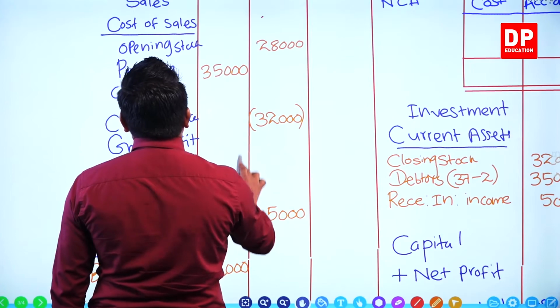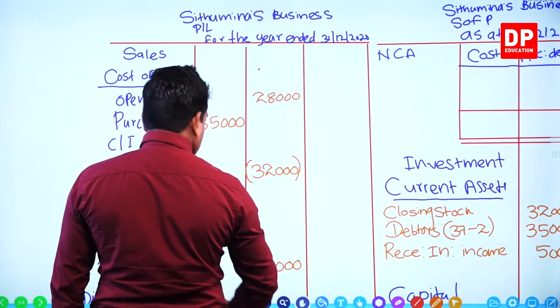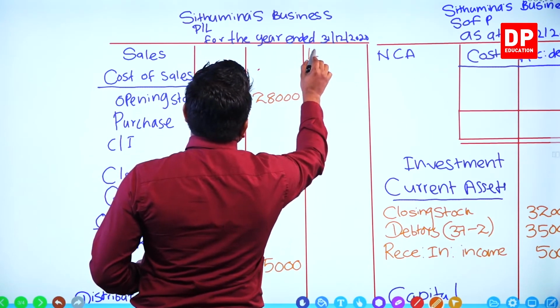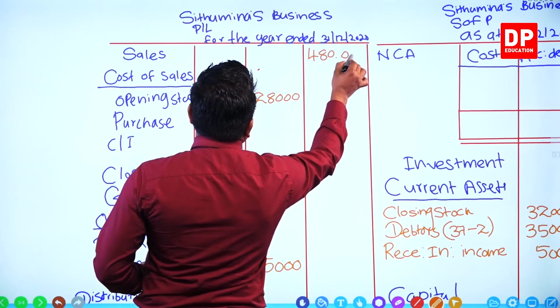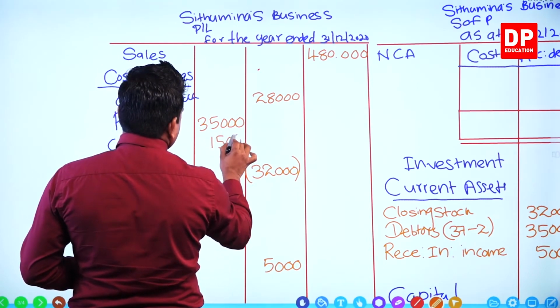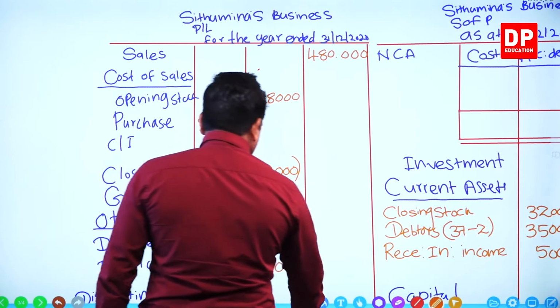Sales how much? 480,000. Carriage inwards how much? Remember 1,005, right? Okay. Now next.